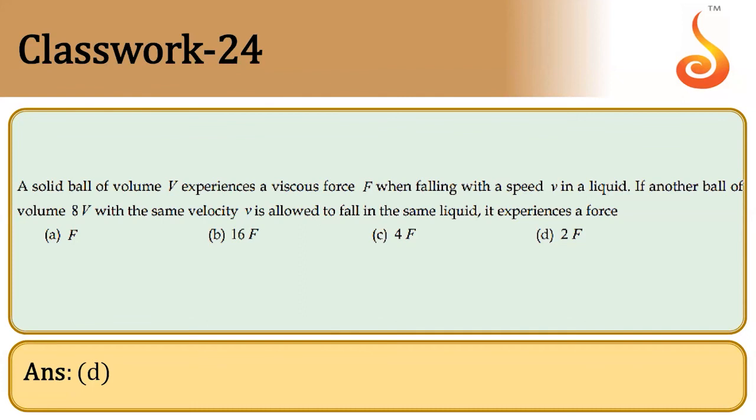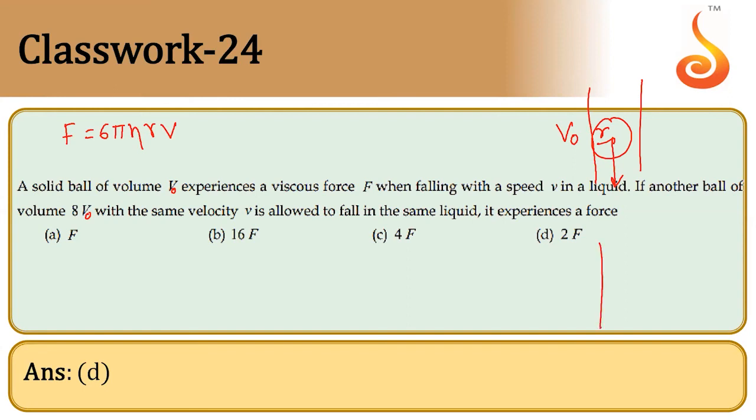Say, children, whenever a solid object is moving with the terminal velocity, then viscous force is given by Stokes law, F equal to 6 pi eta R v. Let us take the volume as V naught, because the symbol v we use for speed. So if the radius is r, then viscous force is this much.